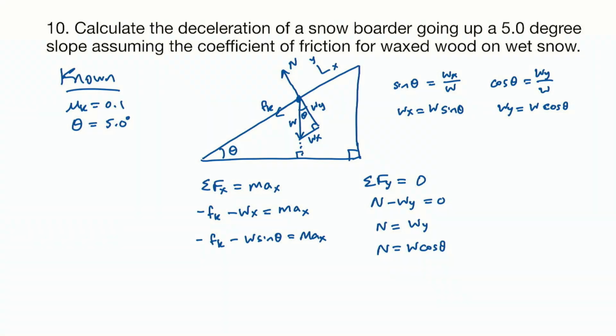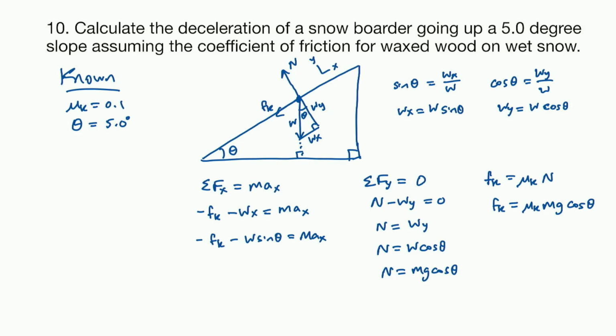And we can substitute for w. So we get m g cosine theta. We'll go back and do that for the x equation as well. But let's look at the definition of kinetic friction. It is mu k times n. So we can put in mu k times m g cosine theta.